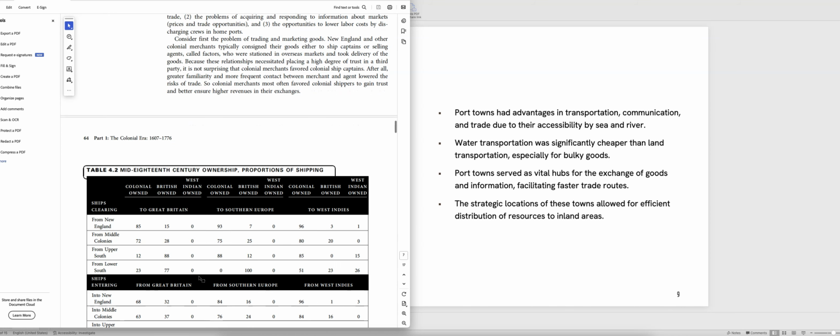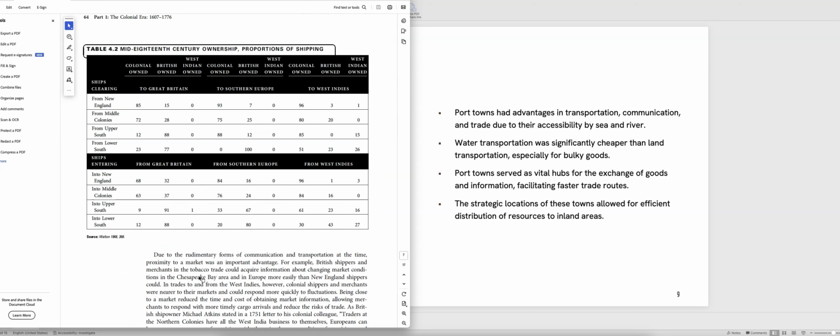And then the final thing I want to show you here is on page 64. What's cool about this is that we're getting to see who owns the ships. Looking at who owns the ships, when we talk about things going from New England to Great Britain, those ships are primarily owned by the colonists.